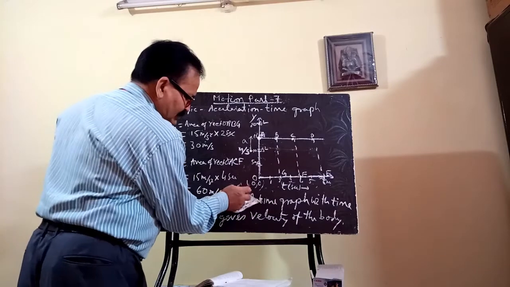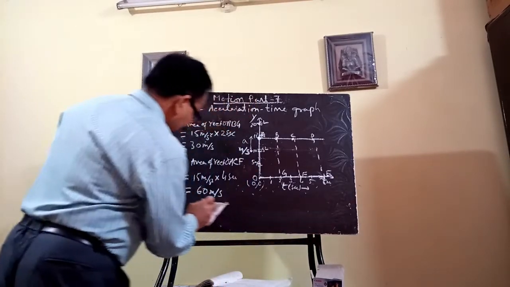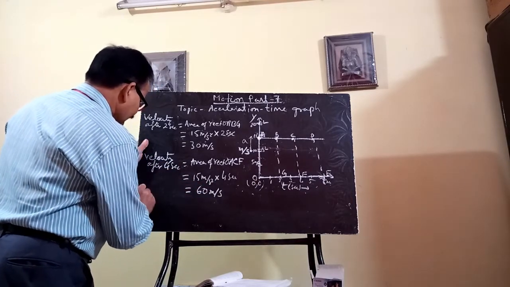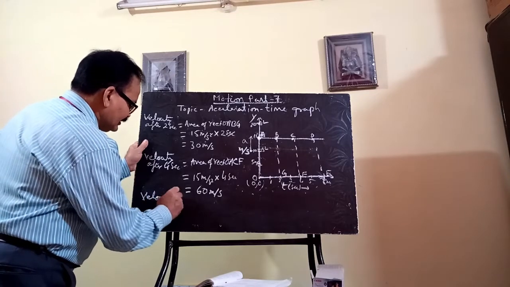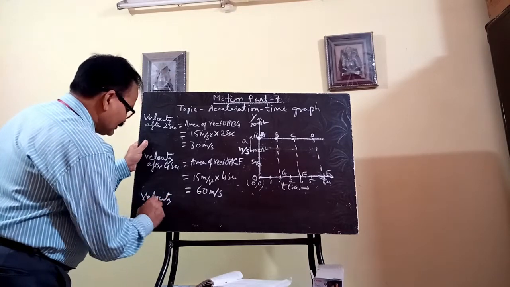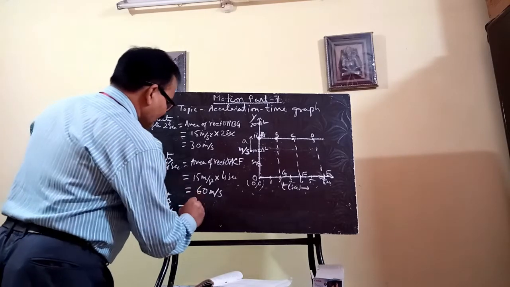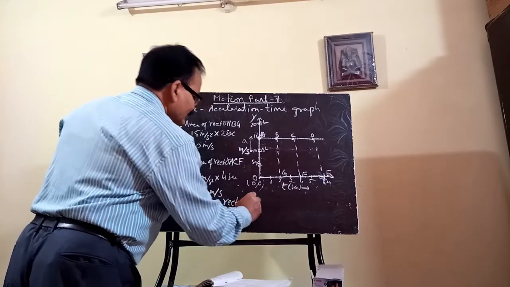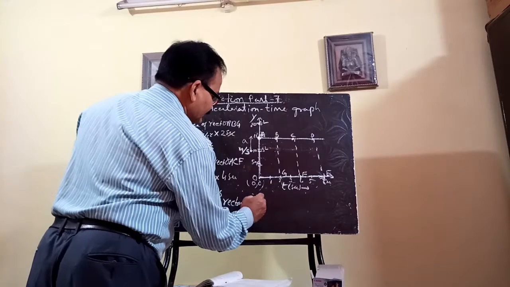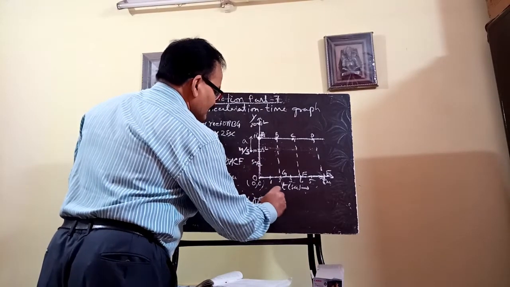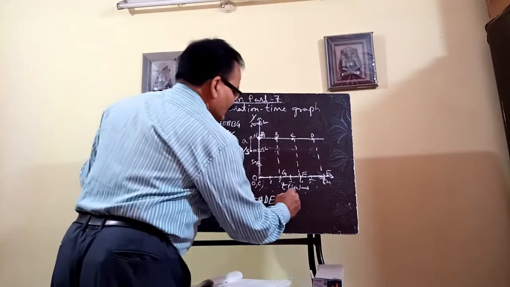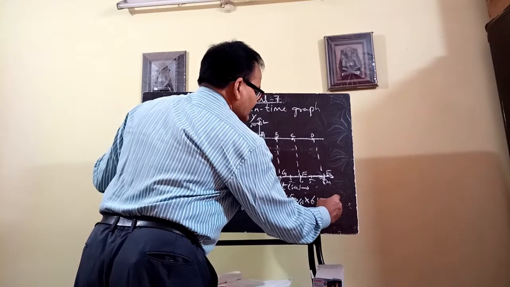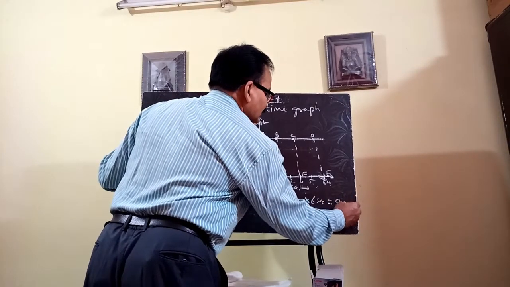You must remember these data, because after 6 seconds the velocity is the area of rectangle OADE, which is 15 meter per second square into 6 seconds, so this is 90 meter per second.